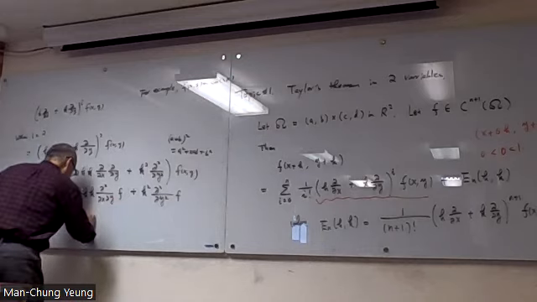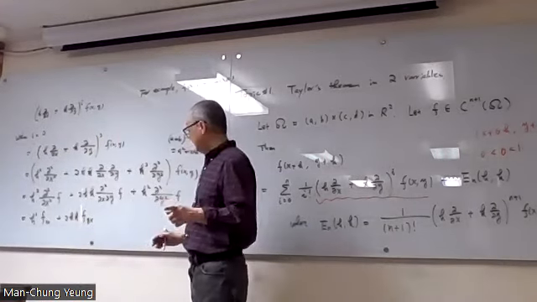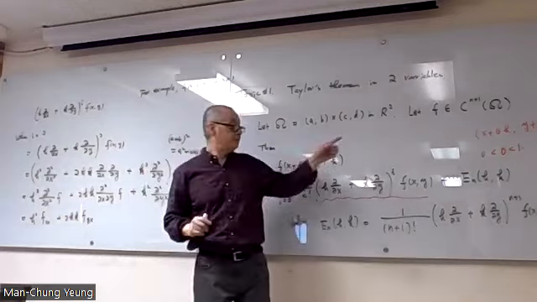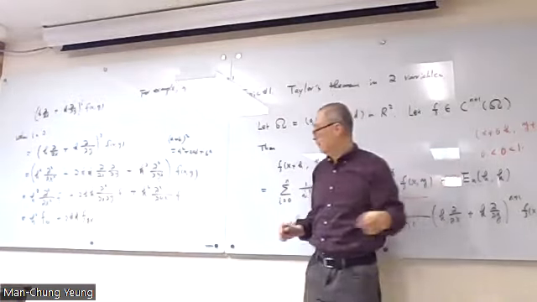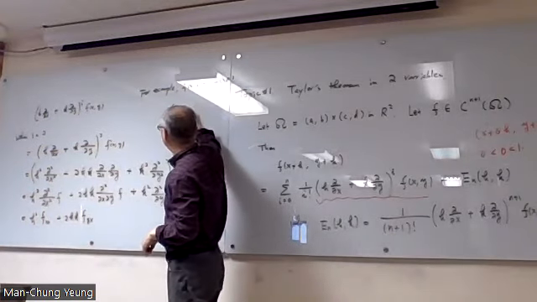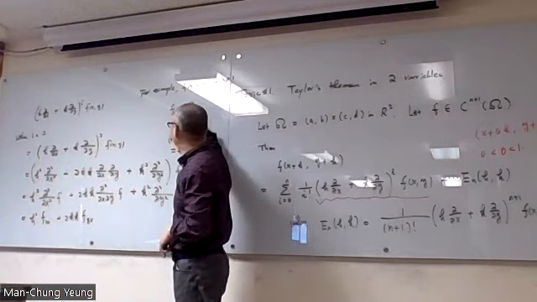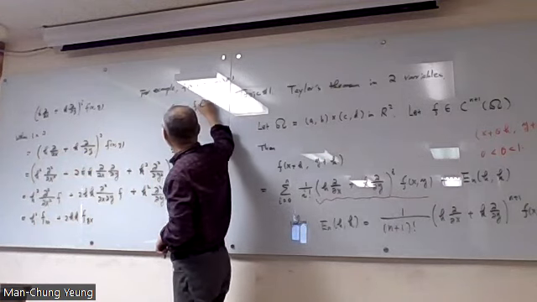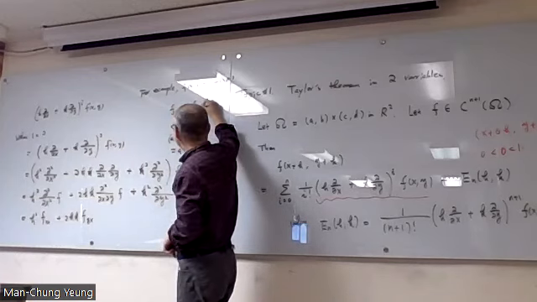Actually, when the function is smooth, taking the derivative with respect to x first, then y, is equal to taking y first, then x.